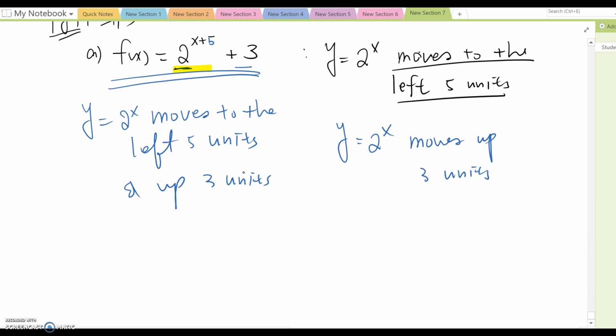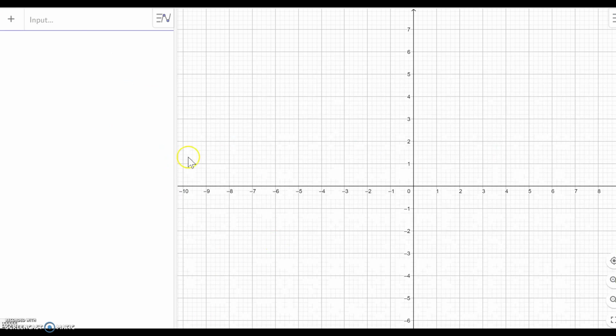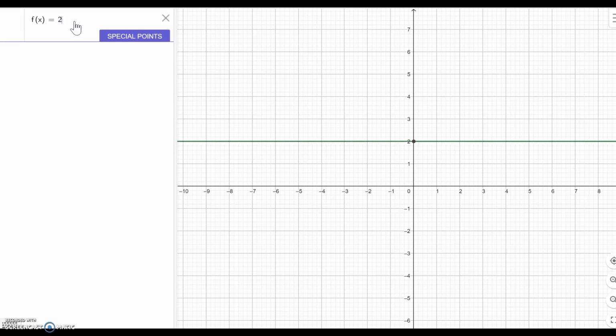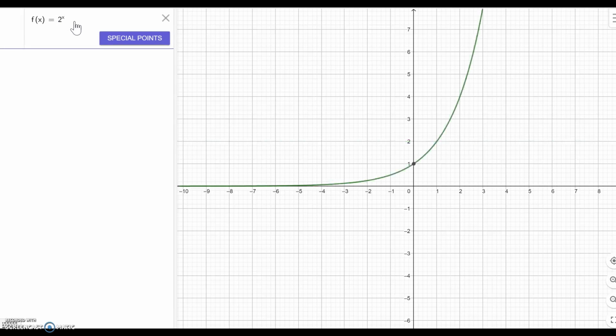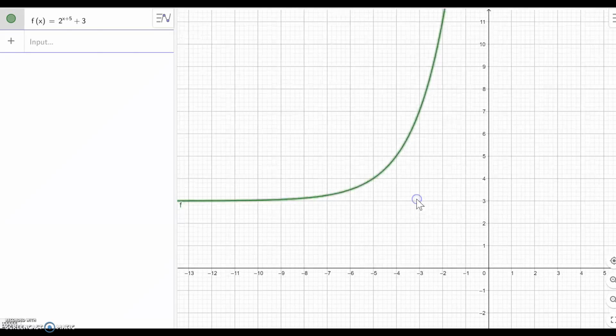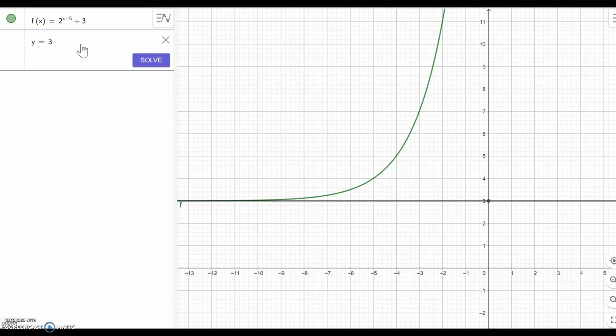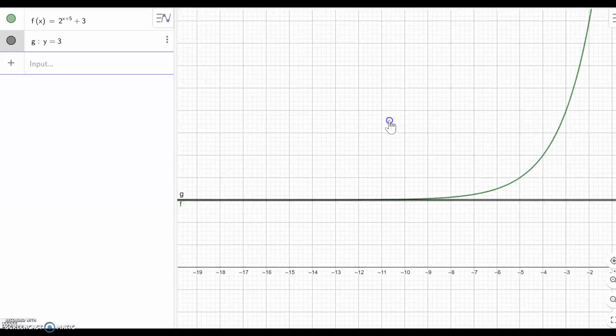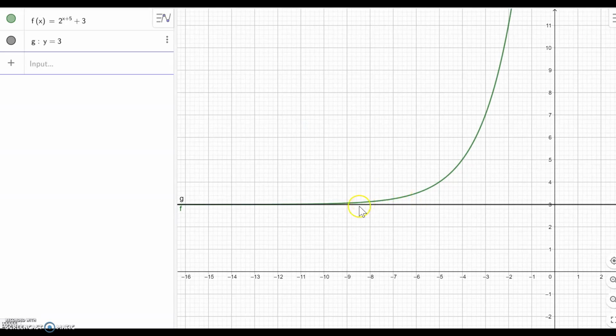so let's look at this graph in the GeoGebra software. Then now f(x) = 2^(x+5) + 3 here. Okay, so this is our y = 2^(x+5) + 3 graph here. So as you know, this graph never passes the y = 3 line.